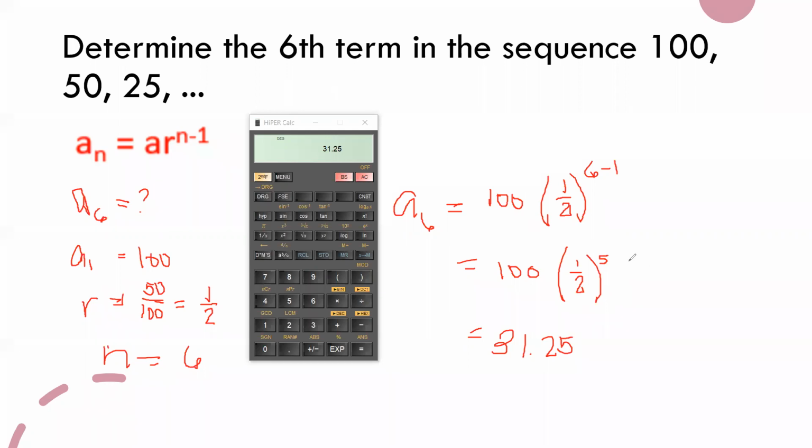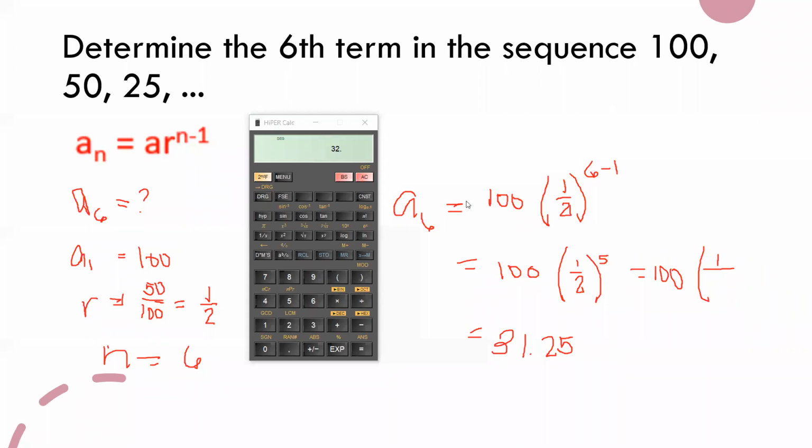Paano pag wala akong calculator? So let's try na wala tayong calculator. So that's 100 times ang 1 raised to 5, 1 times 1 times 1 times 1 times 1 will still be 1. Tama? Then, let's try yung 2. 2 times 2 times 2 times 2 times 2. So 2 raised to 5 is 32.